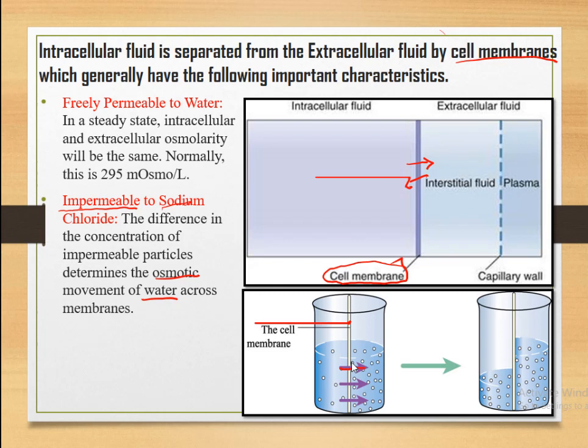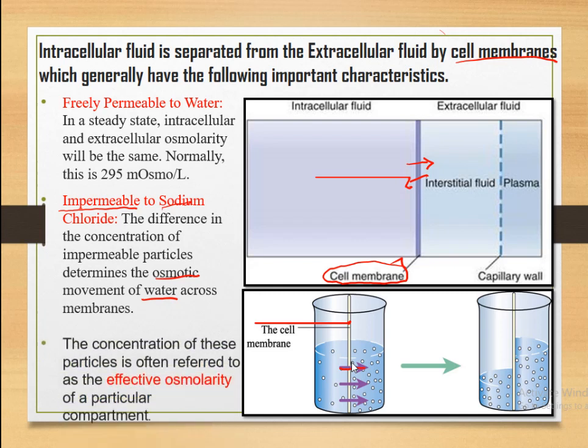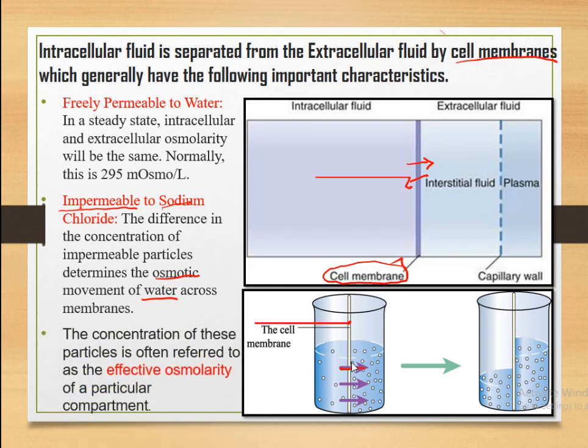When we talk of the concentration of these substances, what do we call it? These particles such as sodium chloride, which are impermeable, what do we call their concentration? It is often referred to as the effective osmolarity. Effective osmolarity, that's the term we use for the concentration of these particles.